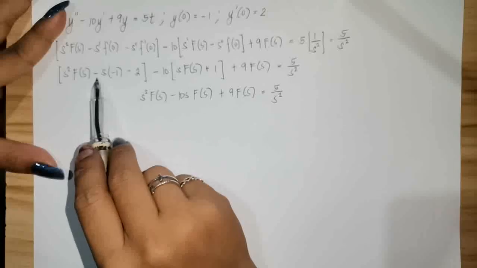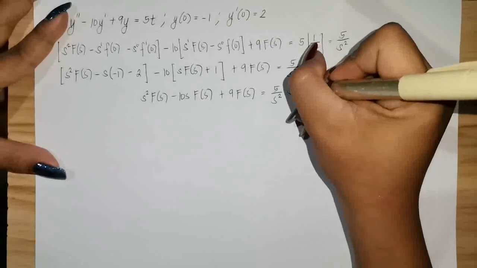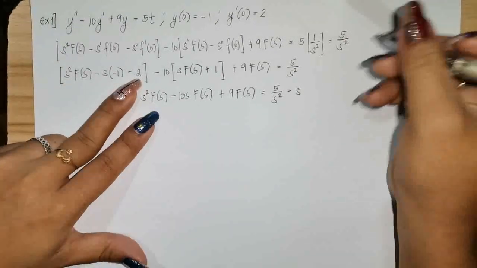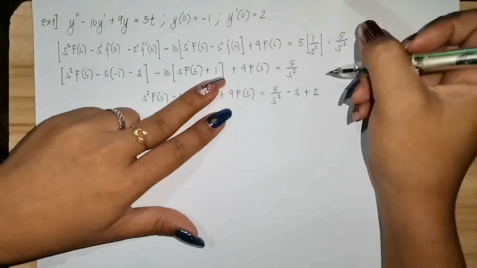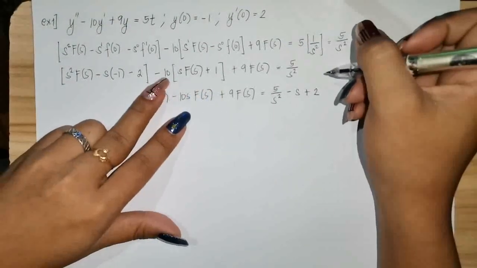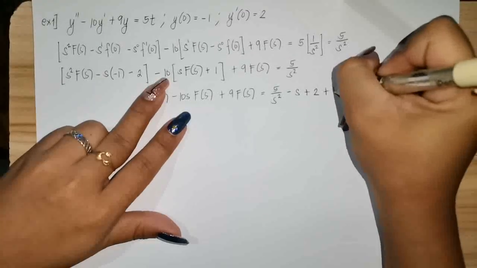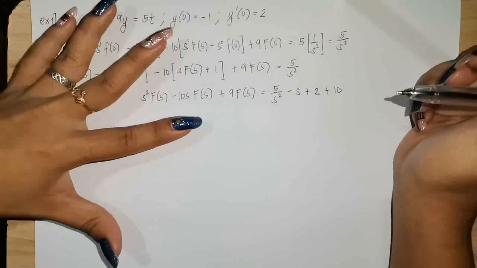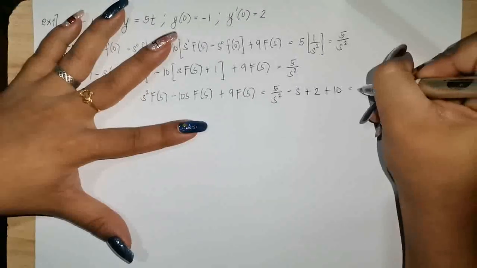Tapos, ang walang f of s dito is positive s pag nilipat mo sa kabila. That's negative s. Then, this will be minus 2 pag nilipat sa kabila, plus 2. Tapos, ito plus 1. Then, multiplied by negative 10. That's negative 10 pag nilipat sa kabila, plus 10. Okay? So, lahat yan.